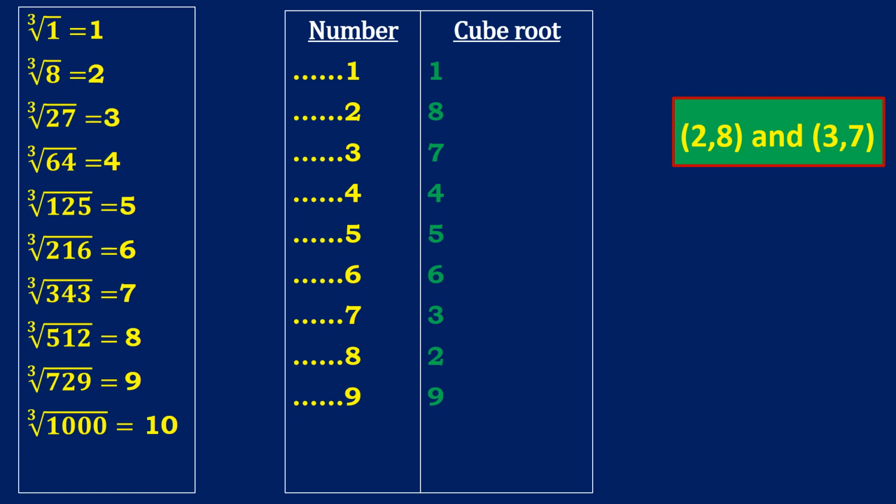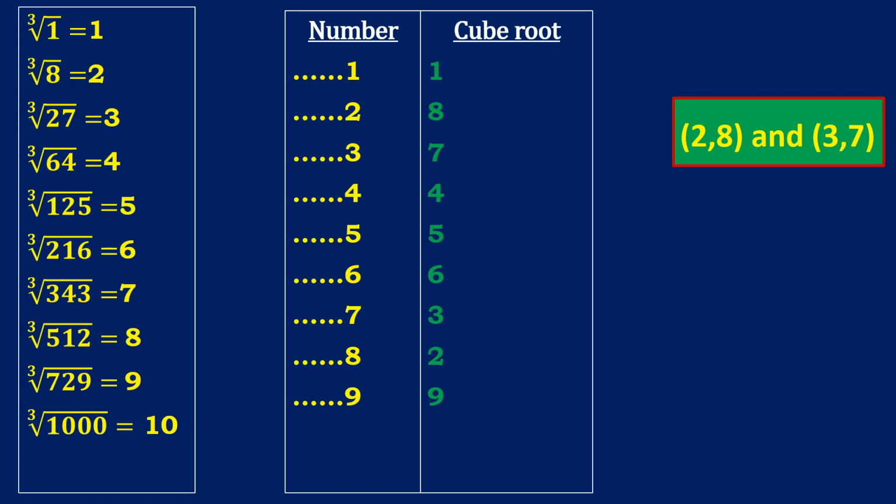If a number ends with 4, 5, 6, 9, the cube root also ends with 4, 5, 6, 9 respectively. However, if a number ends with 2, the cube root ends with 8. Likewise, if a number ends with 8, the cube root ends with 2. Then, 2 and 8 are interchangeable.